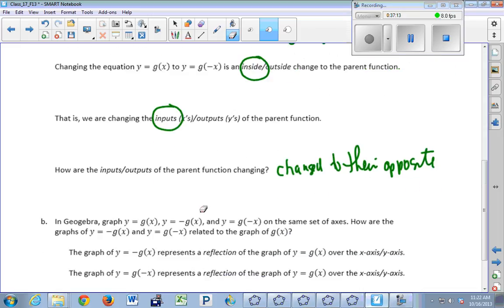So now we're going to be graphing what? Our new graph, our transformation, looks like this: y equals the square root of the opposite of x. Does anybody have a problem with that?